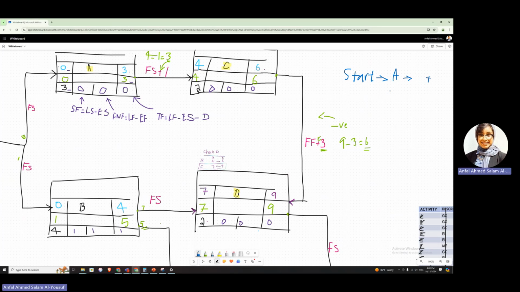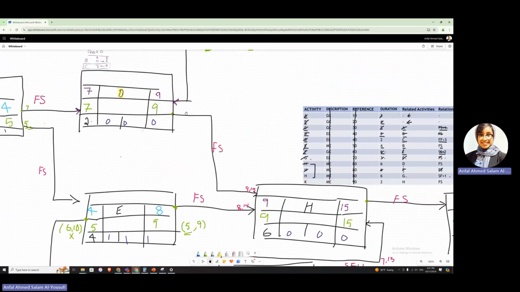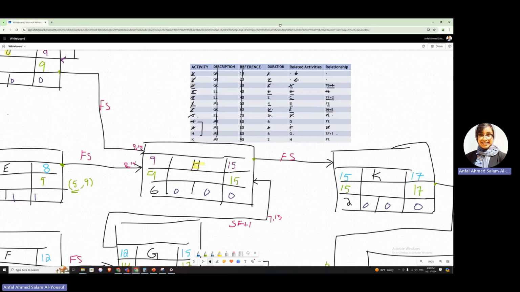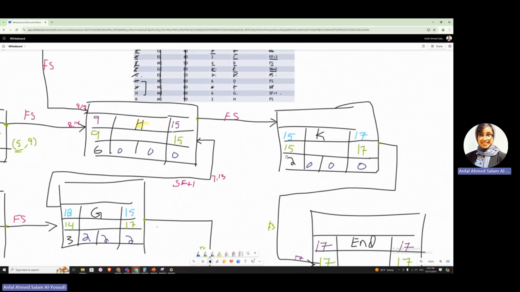We said we are going to take C, we are going to take D, then let's double check. Do we have anything of zeros? So if we went to D, we are going to go to H. Okay, so I need to go up there and I need to write my critical path, which is from D to H. Let's go down. So when we go to H, we would need to go to K and towards the end.